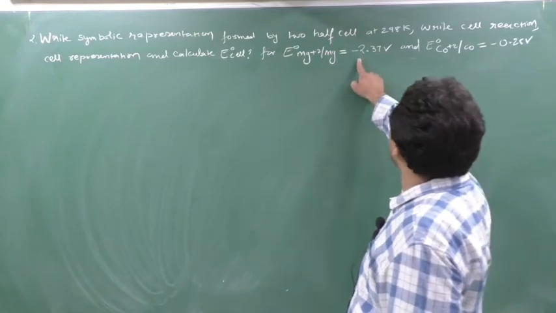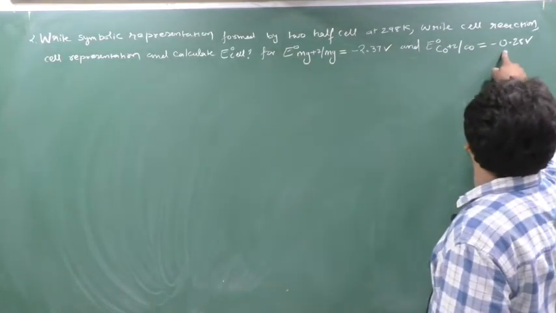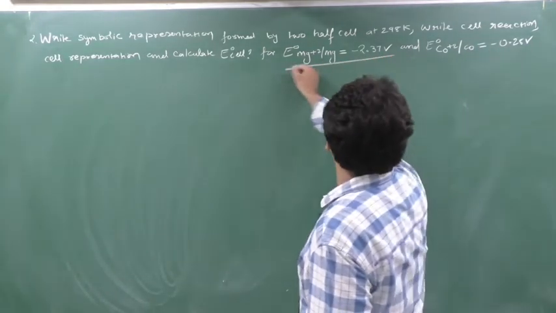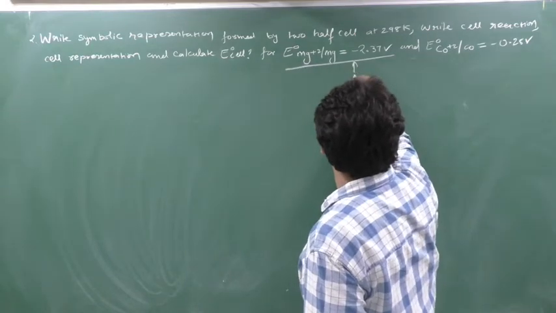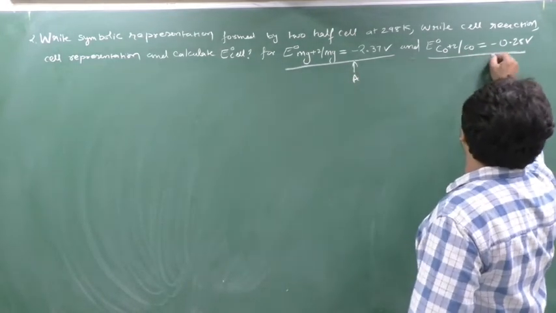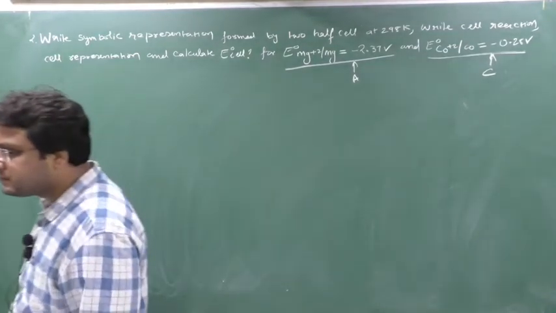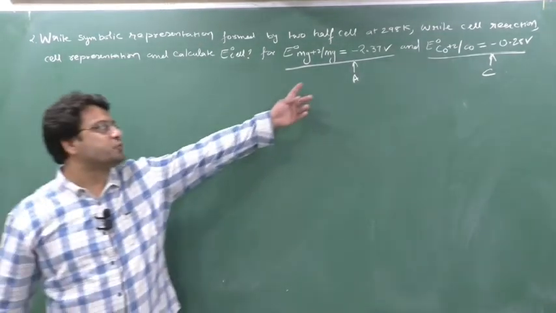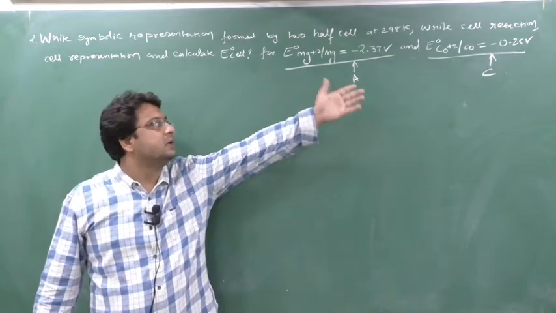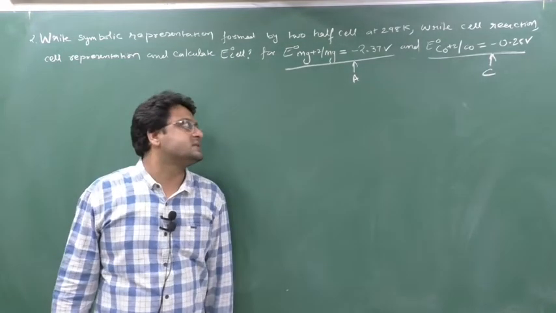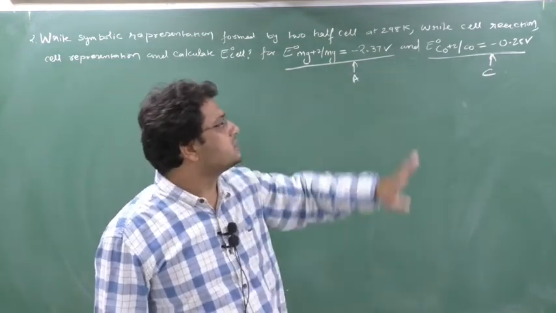This is minus 2.37 and this is 0.28, so minus 2.37 is the lesser value. So this will act as anode and this will act as cathode. A simple shortcut trick.